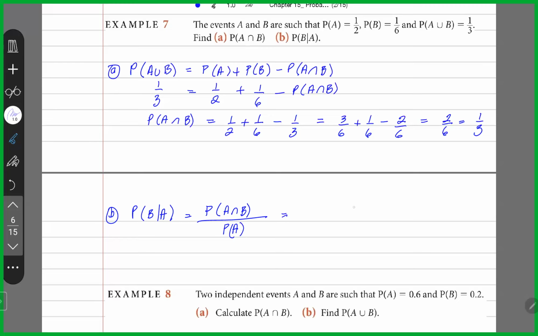So this is equal to the probability of A intersect B, which is 1/3, divided by 1/2, which is 1/3 multiplied by 2/1. Dividing by 1/2 is the same as saying multiply by 2/1. This is 2/3. The probability of B condition A is equal to 2/3.